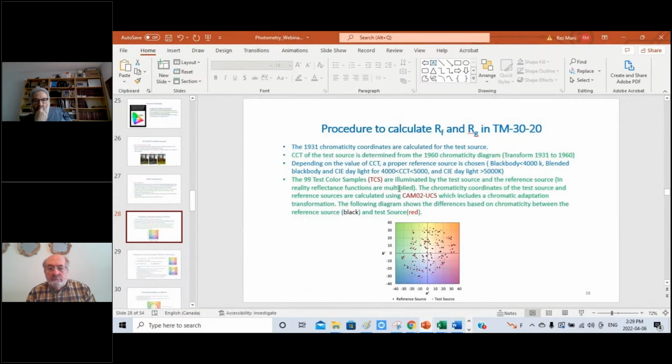If it is between 4000 to 5000, it uses a mixture of black body and CIE daylight. And if it is greater than 5000, it uses CIE daylight itself. So the reference chosen is different depending on the color temperature of the test source.